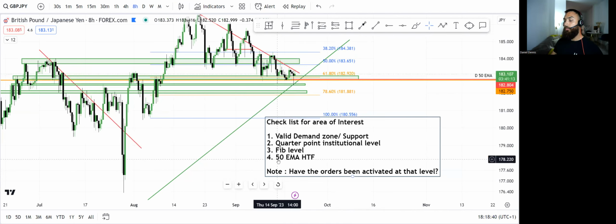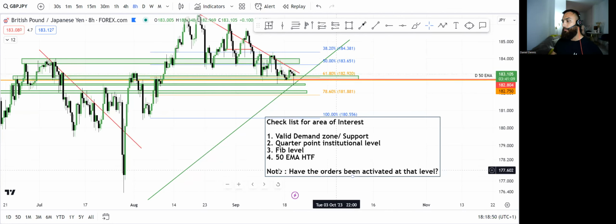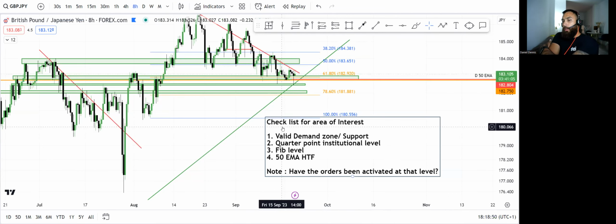Do we have a higher time frame 50 MA? Yes, we've got the daily, probably the strongest out of all. Now, it's all well and good having all these confluences, but what you need to take into consideration is: have the orders been filled in this area? Price could get to here and not have wicked and taken out what was all here. So price can come to here and it hasn't cleared the orders yet.